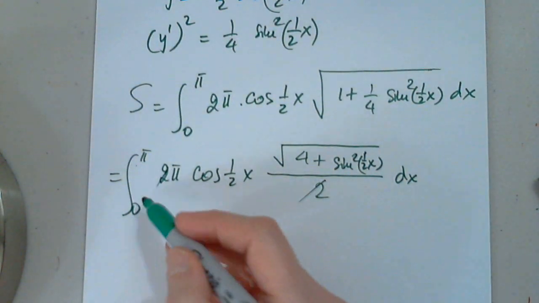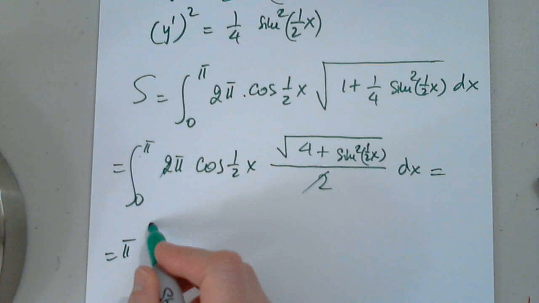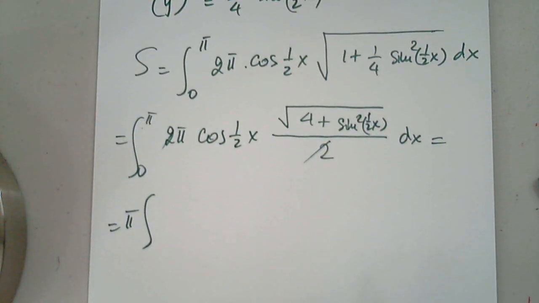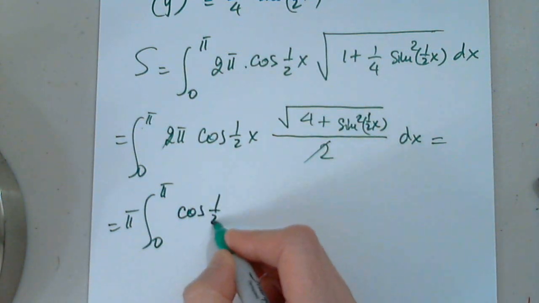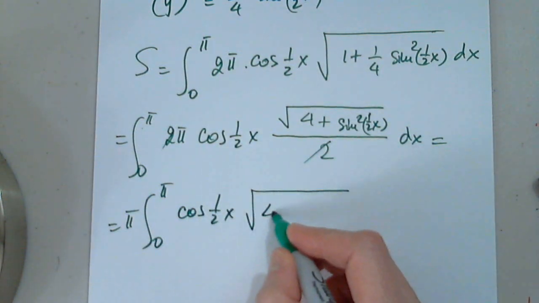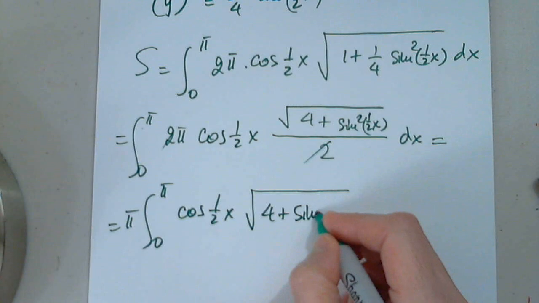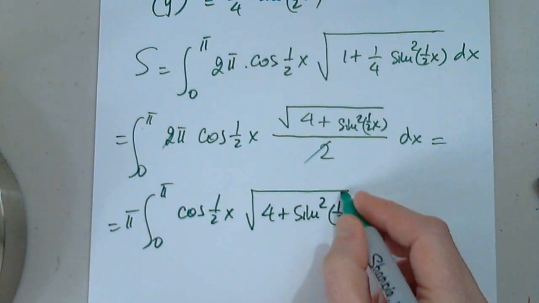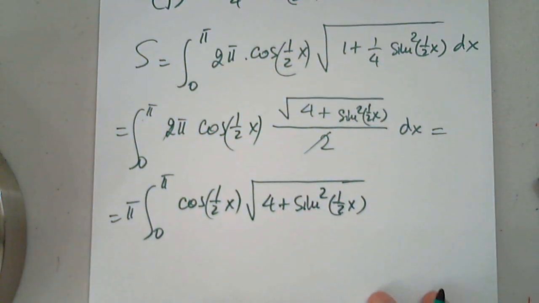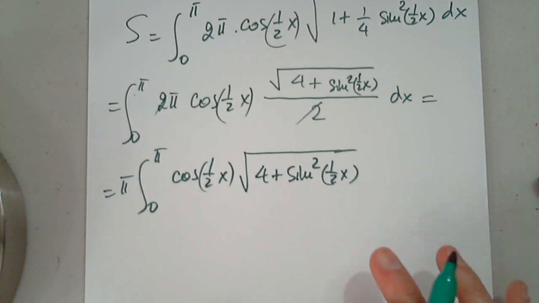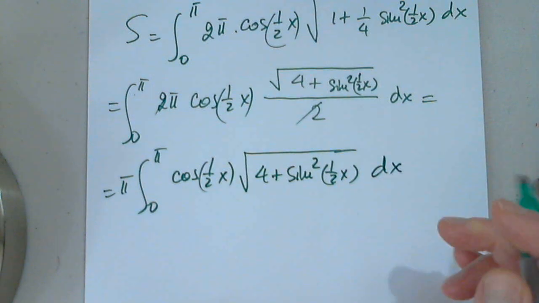Good. I'll simplify these two. I'll put pi outside, and let's see what we have so far. 0 to pi cosine 1/2 x, the square root of 4 plus sine squared of 1/2 x. Again, I don't know if it's really necessary, but maybe it's easier for you to see.